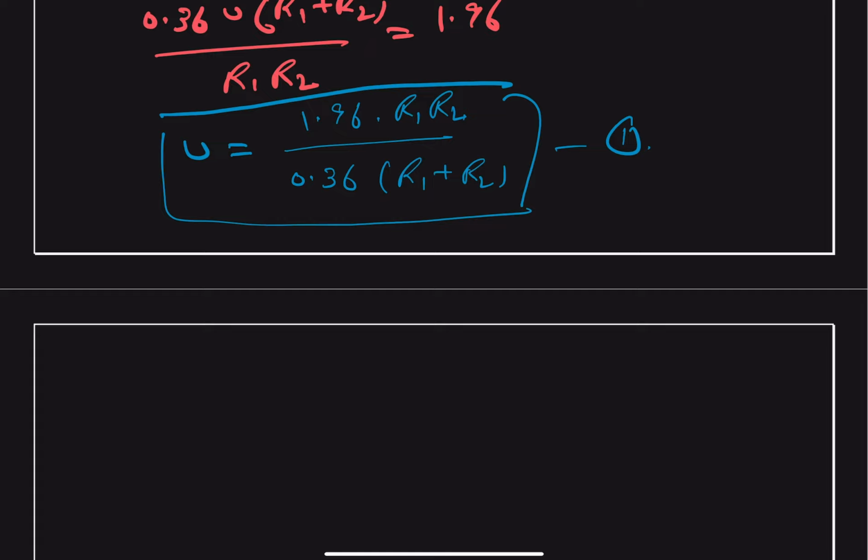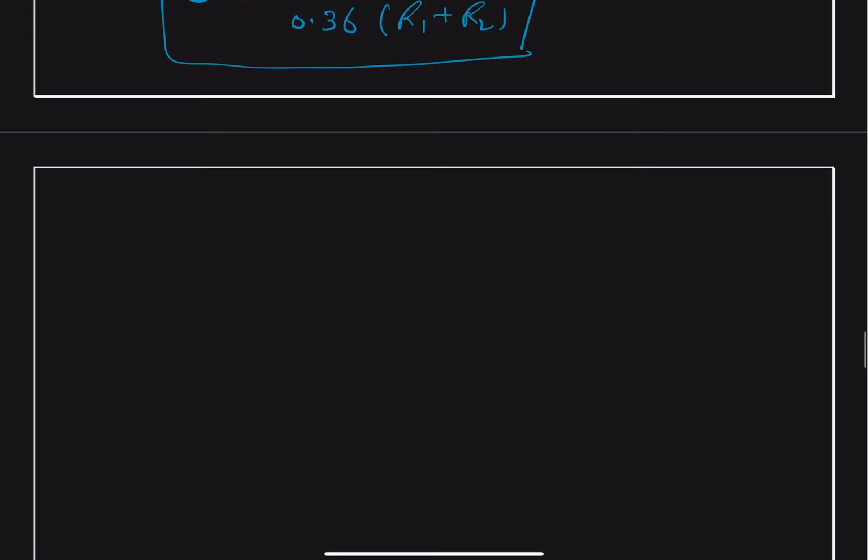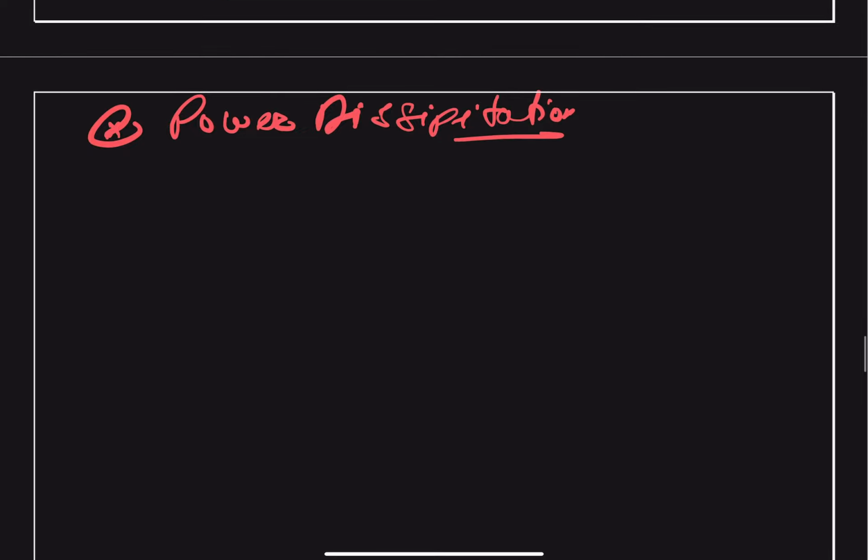Now it is also given that the power dissipation, so we have two resistances R1 and R2, and R1 and R2 are in parallel.